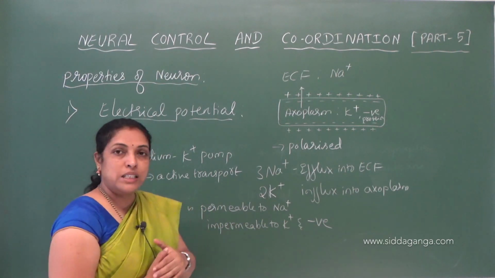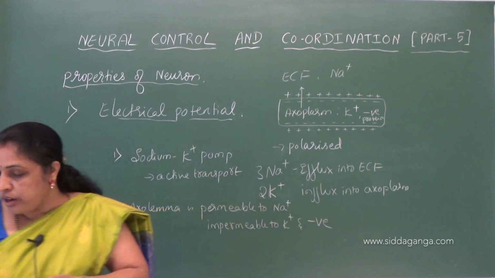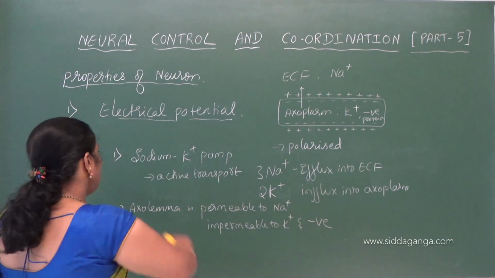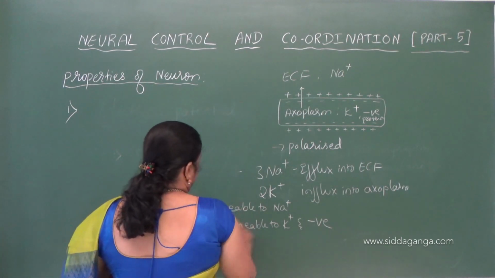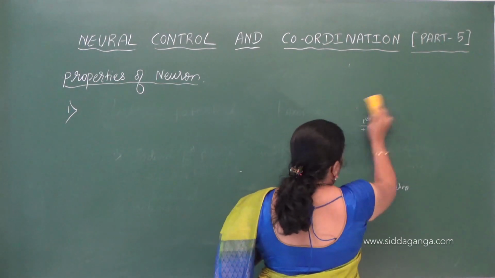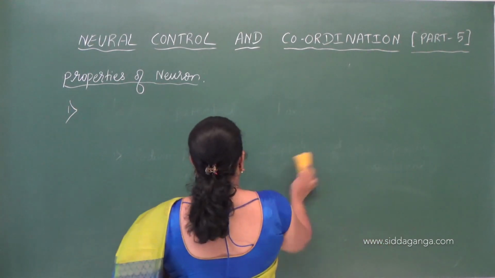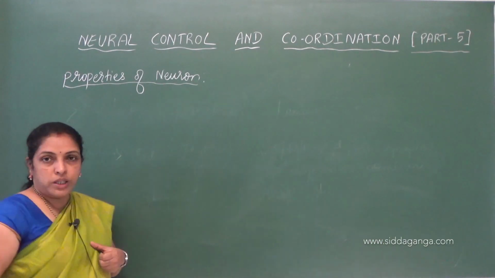That all we discussed in our previous class. So this is one property of nerve fibers or neurons. This is not given in your textbook, but you should know it because they may ask in your NEET exams.